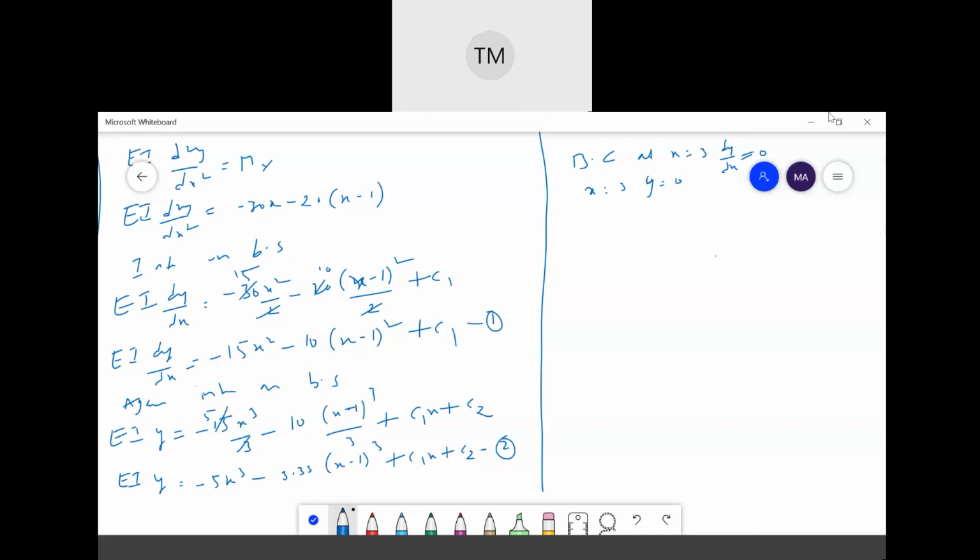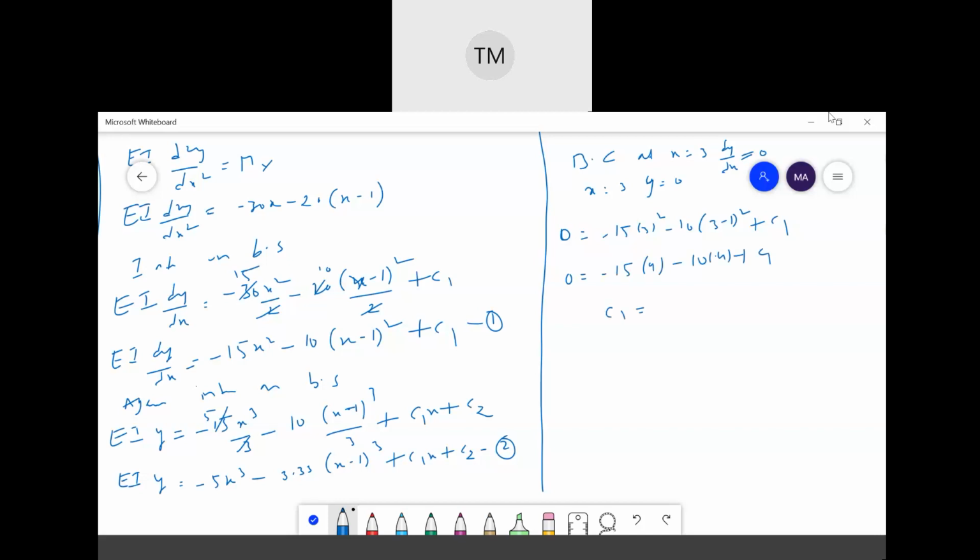You substitute in equation 1: 0 is equal to minus 15 into 3 square minus 10 into 3 minus 1 whole square plus C1. When you simplify this one, 0 is equal to minus 15 into 9 minus 10 into 3 minus 1, which is 2, whole square, that is 4, plus C1.